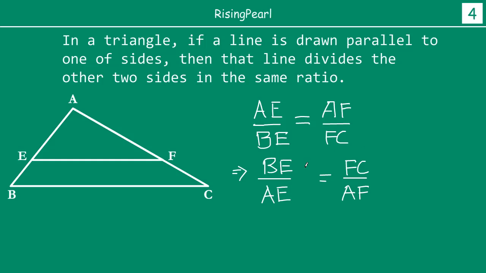Now I want to add 1 on both sides of the equation. Since I'm adding the same number on both sides, my equation will not change.